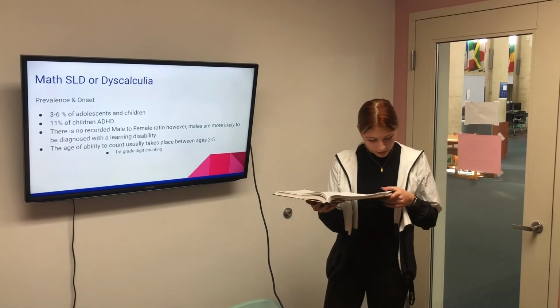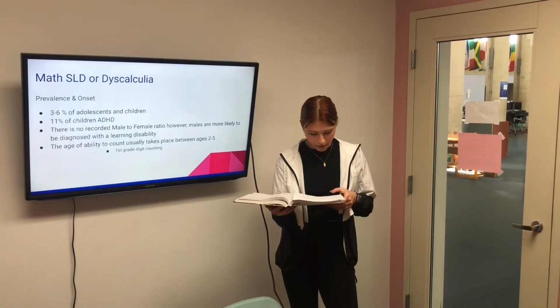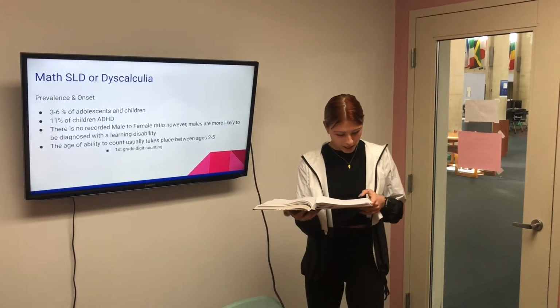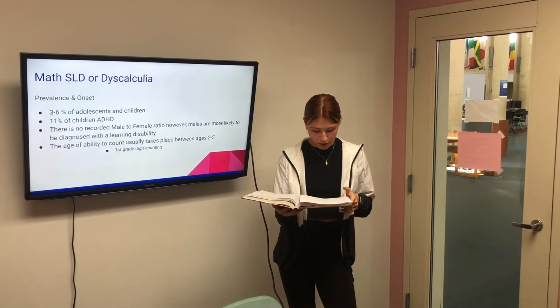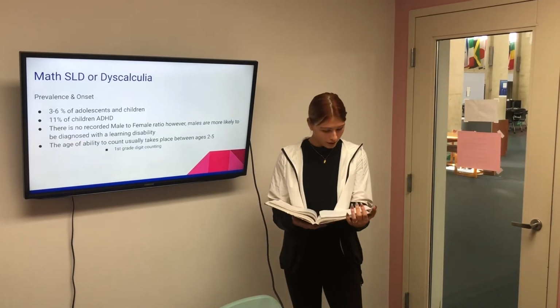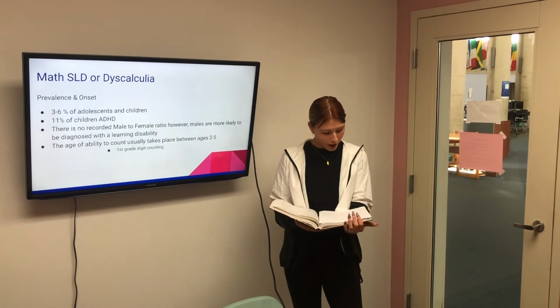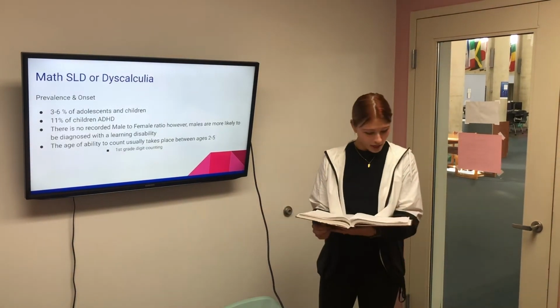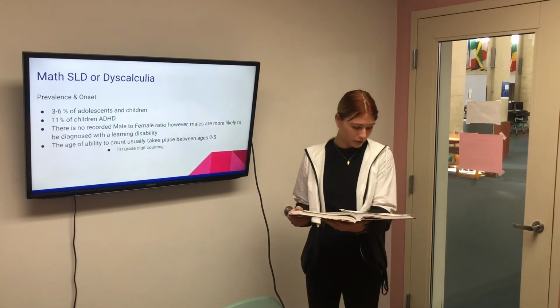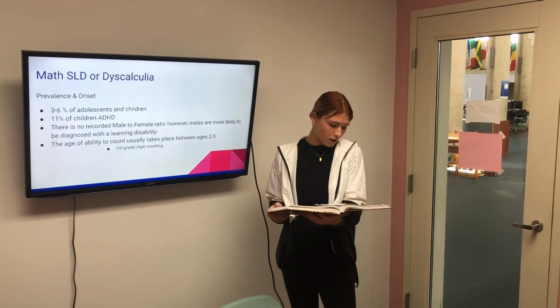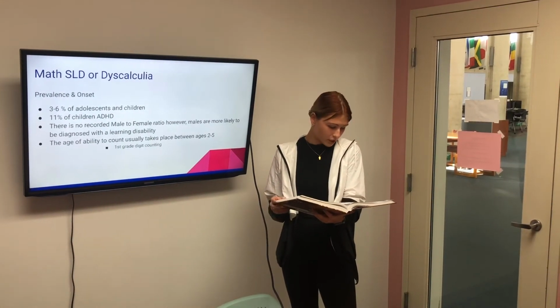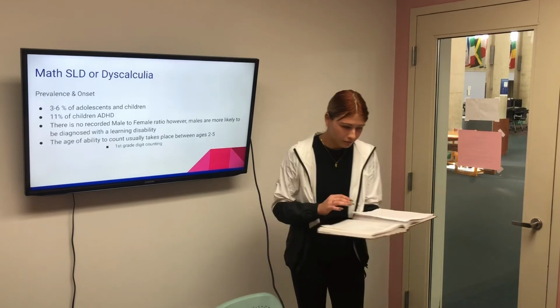There's abstraction: objects of any kind can be grouped and counted in order. Order irrelevance: objects can be counted in any order. Children who have math disabilities normally have issues with one-to-one correspondence, stable order, cardinality, abstraction, and order irrelevance.